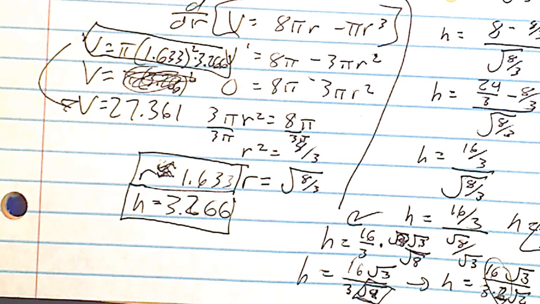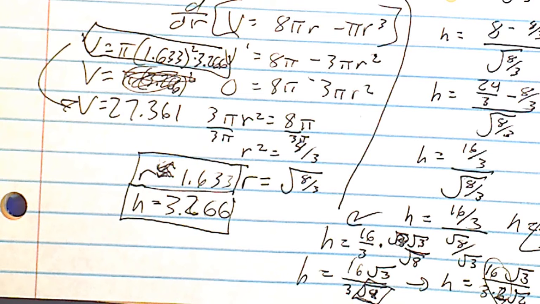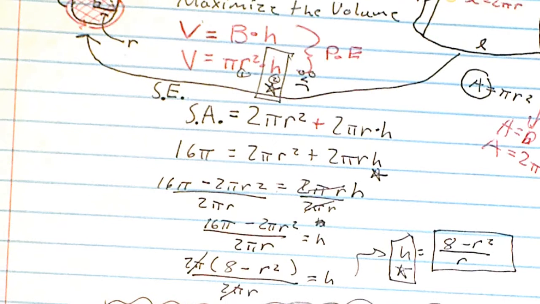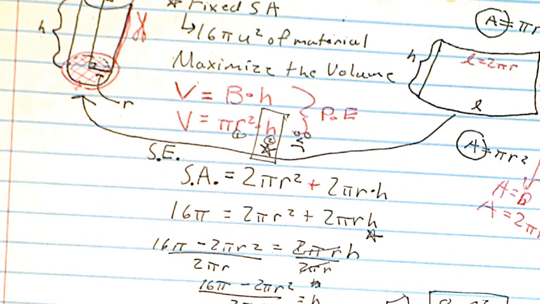How are we doing? Now I know this is a lot, but let's backtrack and reflect. All it is is a primary equation of volume, a secondary equation of surface area, and a whole lot of math and calculus in between. What's the probability of making an error? Very high. So you just gotta focus.